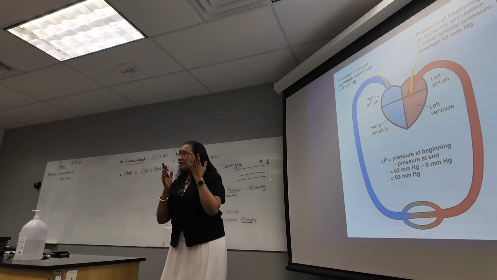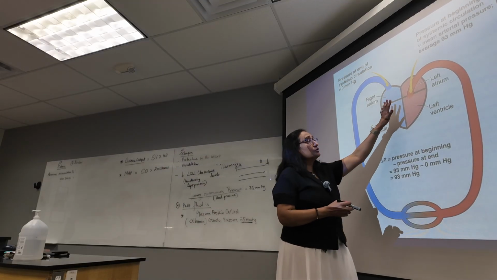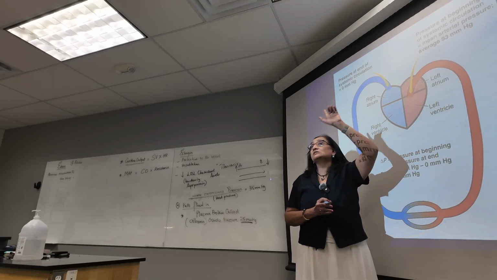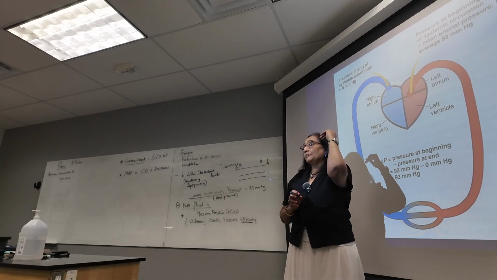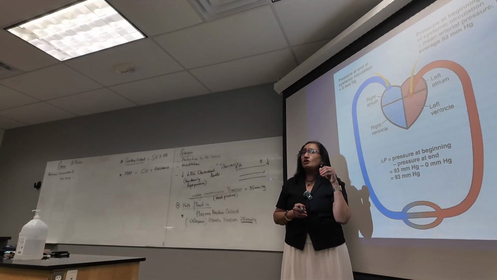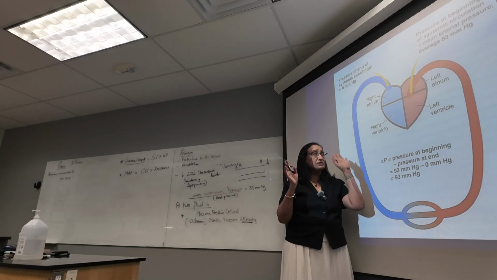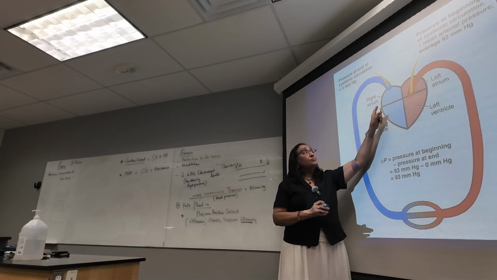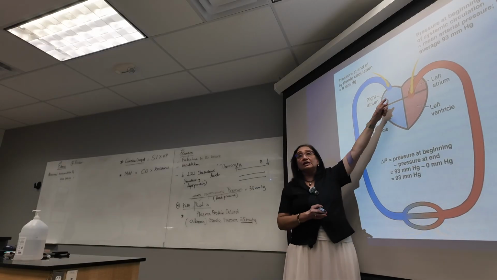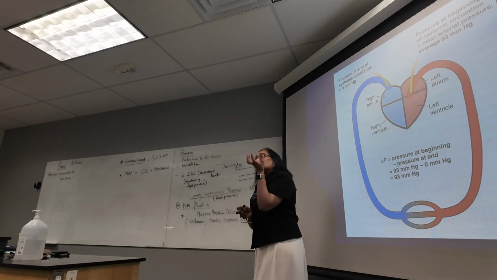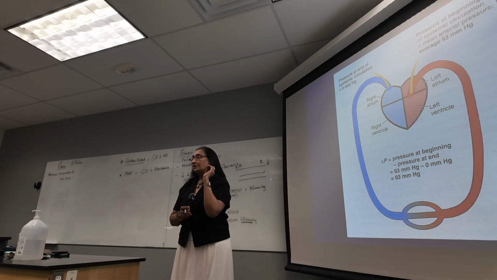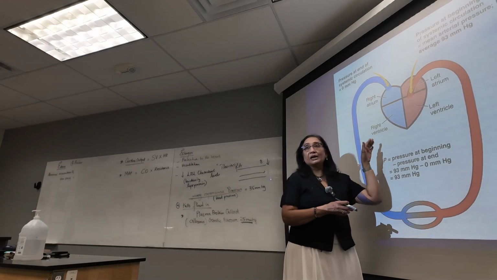Even if you don't know individual pressures, at least remember that when the left ventricle pumps the blood into the aorta, the average pressure is 93, or 100. 100 is also fine if you just remember 100. And why does blood flow all the way through the circulation and come back to the right atrium? Because the right atrial pressure is negligible, 0. So that's why it has to come back.